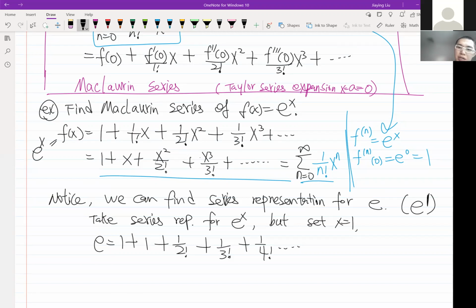And then that will just become sigma n from 0 to infinity 1 over n factorial, because x to the nth power is just 1 all the time. So this is the special series for e.